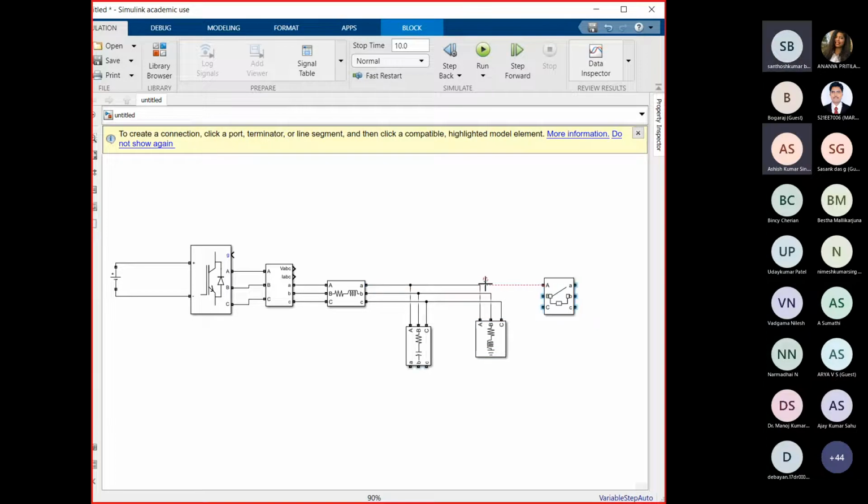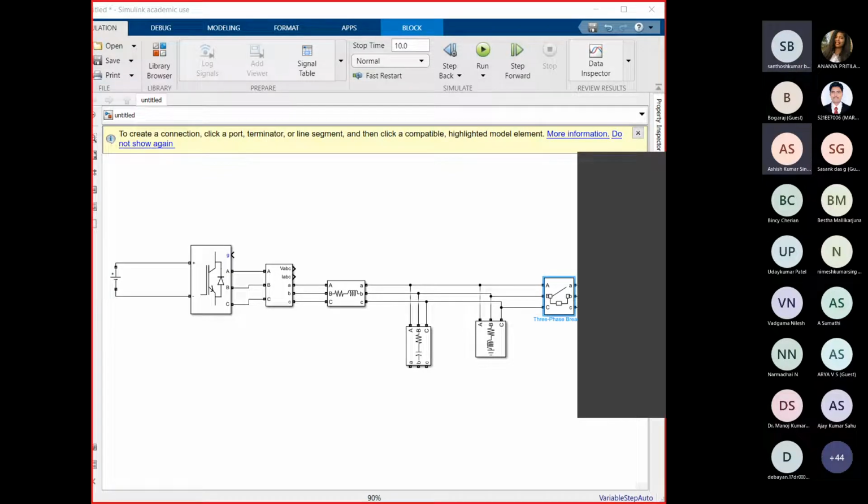So this is the breaker. By using this block, we can connect the extra load by giving the time.